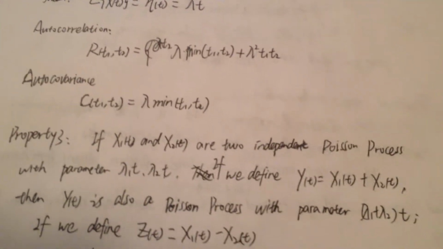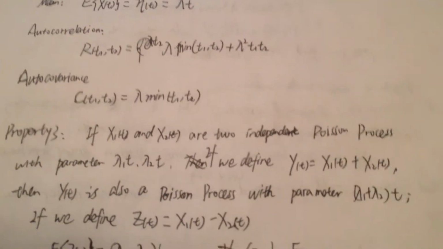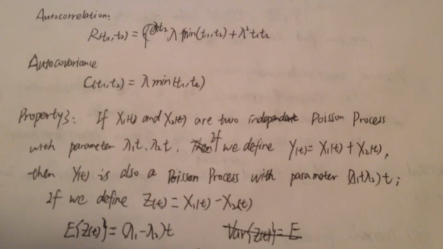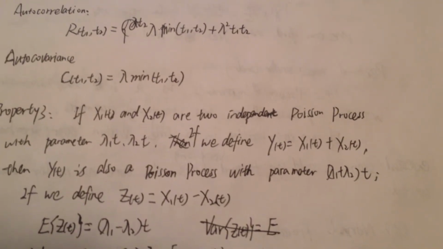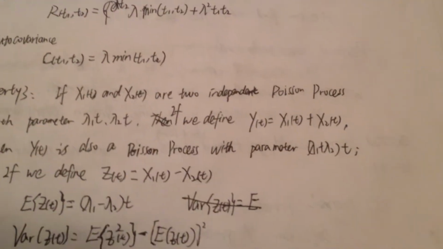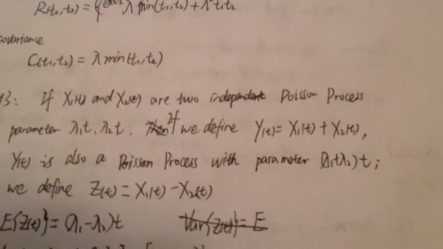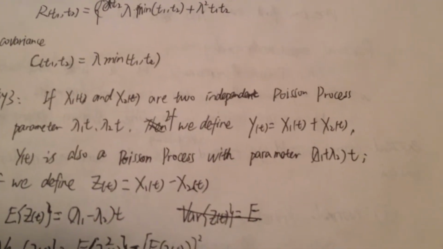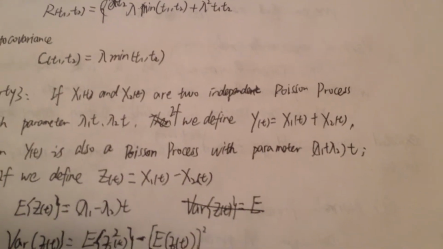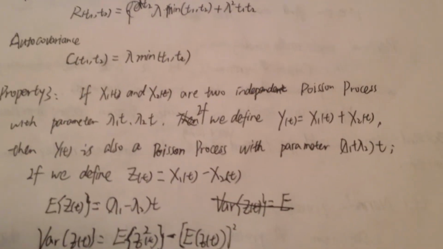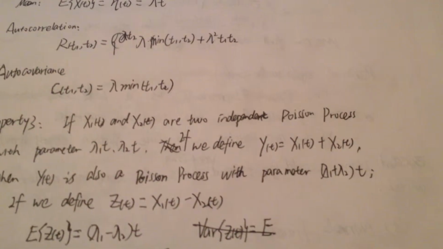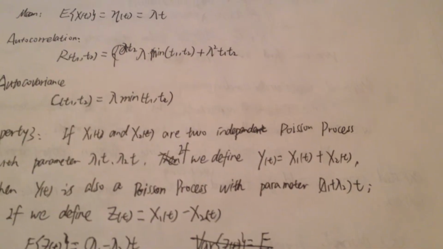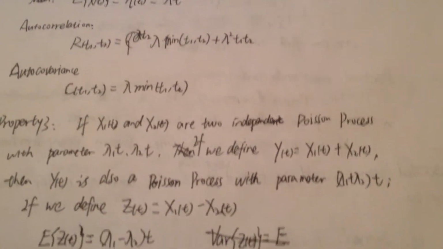The third property is if X1(t) and X2(t) are two independent Poisson processes with parameters lambda 1 t and lambda 2 t respectively, and we define another stochastic process Y(t) equals X1(t) plus X2(t), then Y(t) is also a Poisson process with parameter lambda 1 plus lambda 2 times t.